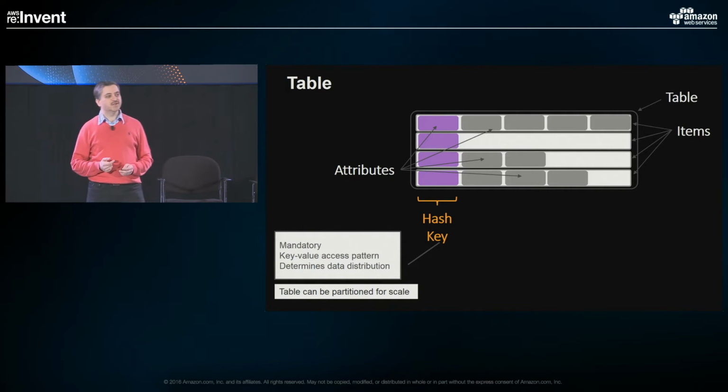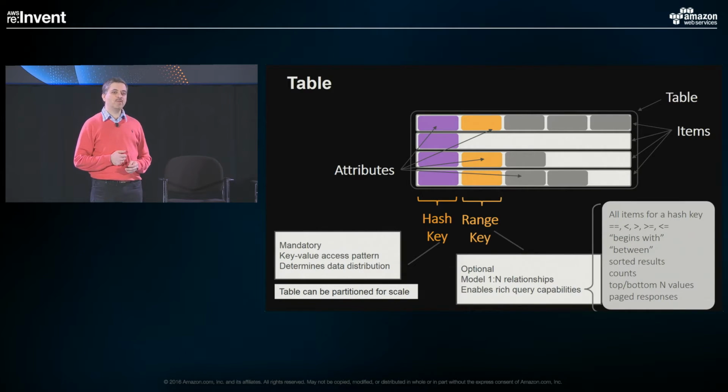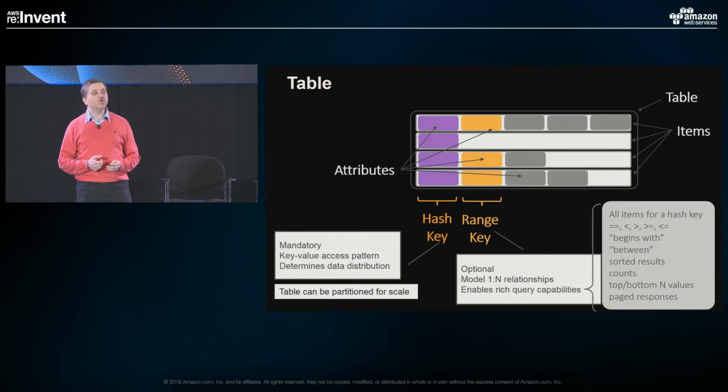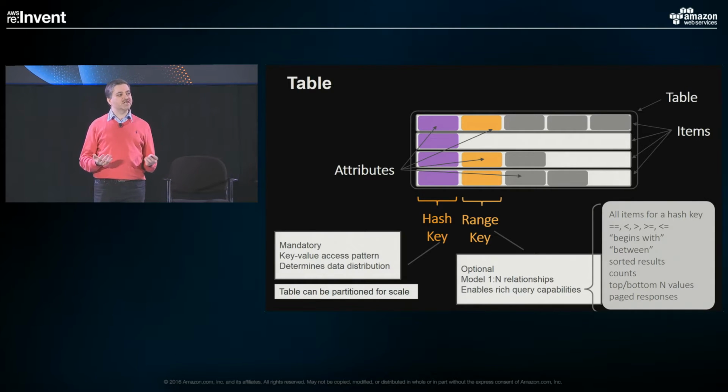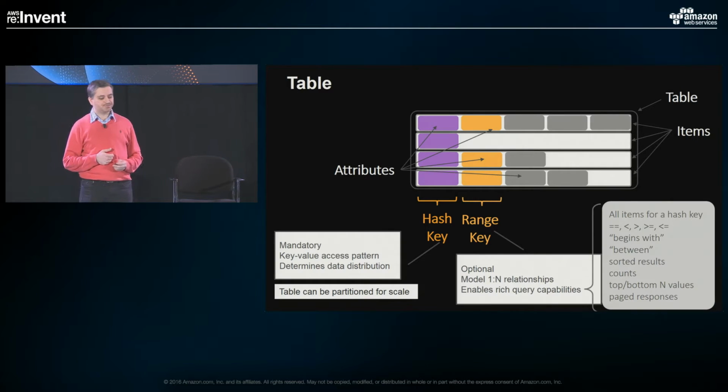All you need is a hash key to get started in creating a table and leveraging that. In addition to that, through a combination of hash key, range key, and/or global and local secondary indexes, that provides rich query capabilities for you to model one-to-one, one-to-n, or end-to-end relationships within your data sets.